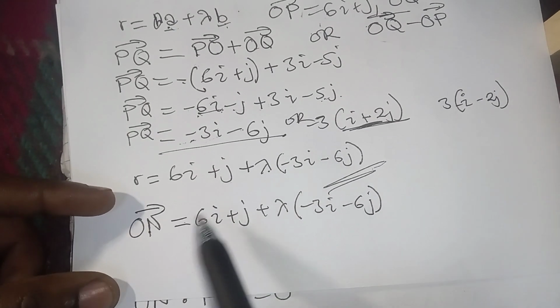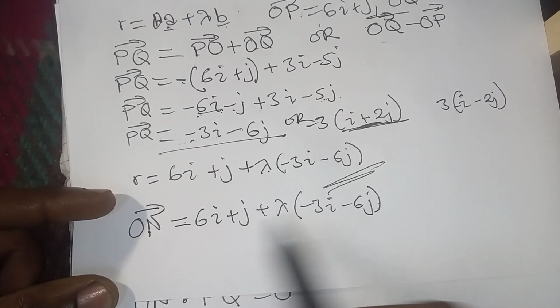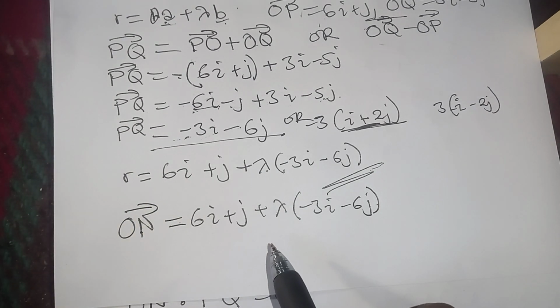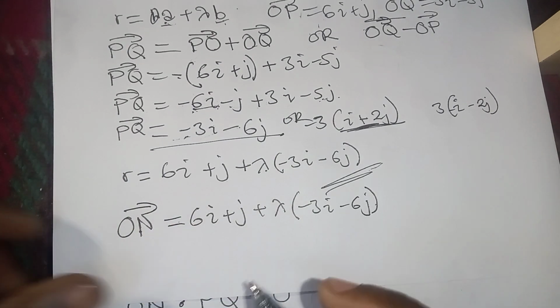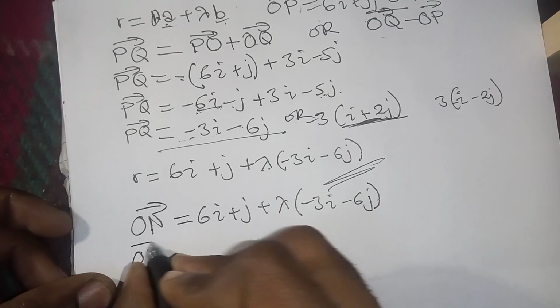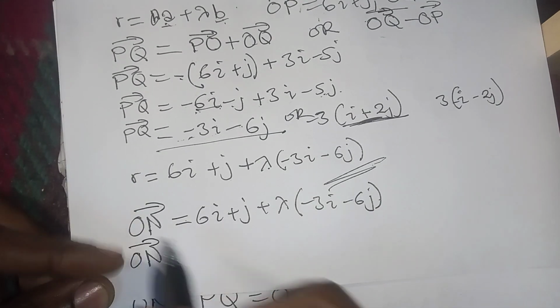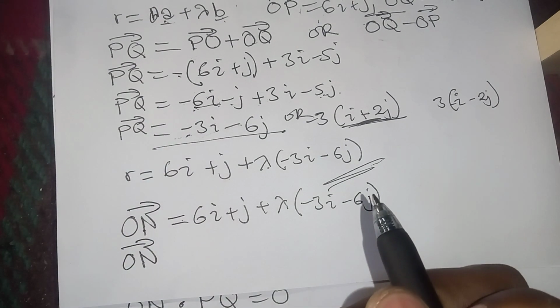You can even leave it like this, but I'll put it in ij component form. I'll start with the i's and then put the j's this side, so that we can multiply this by PQ and equate it to 0.